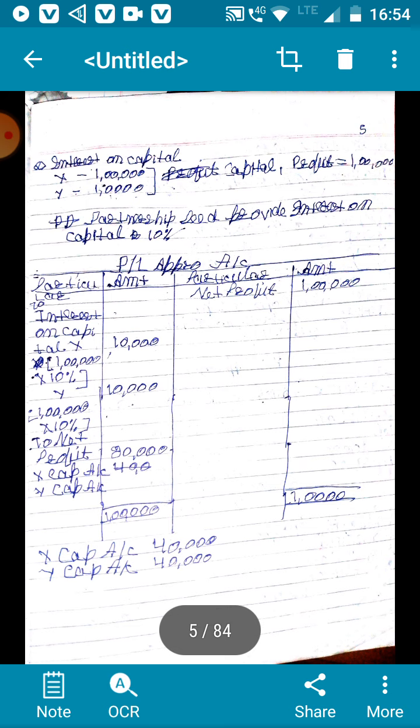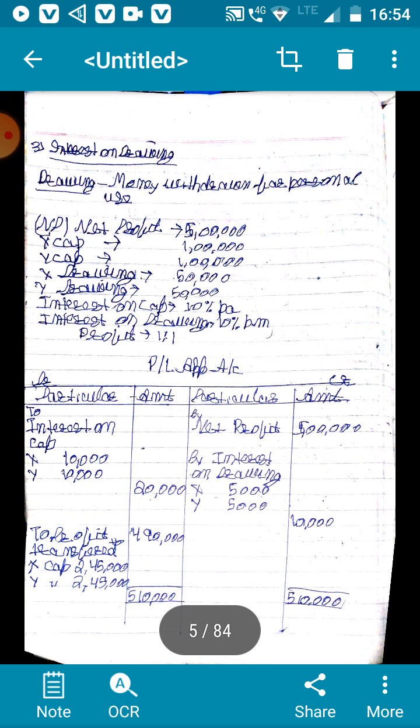We have dealt with interest on capital on this page. Now we will deal with interest on drawings in the profit and loss appropriation account. Look, what is drawings? Drawings is the money we take for personal use.